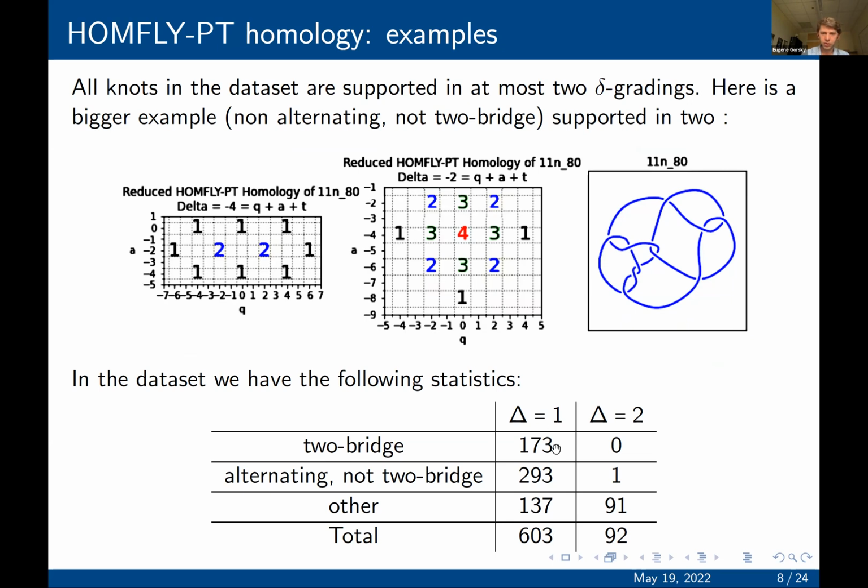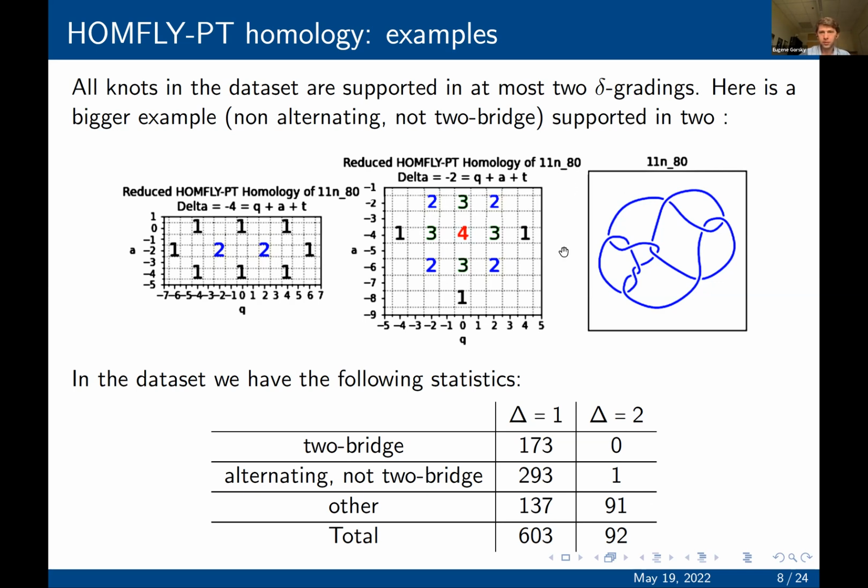Some of them are 2 bridge, some of them are alternating and not 2 bridge. And there are lots of other nodes which I don't know how to characterize, but they're all supported in a single delta grading. And then if you look at 2 delta gradings, there is 1 alternating node which we saw on the previous page. And then there are 91 more which are supported in 2 delta gradings, which we need to understand somehow.